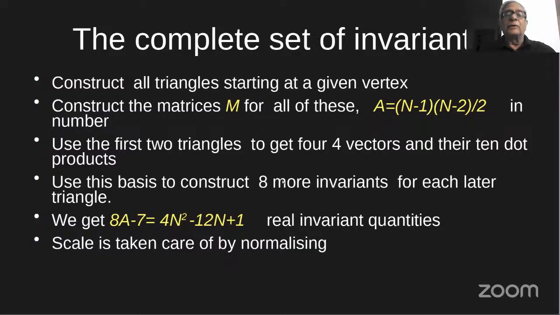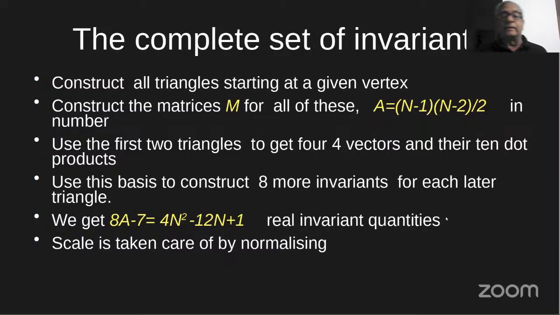After that, you don't need to construct dot products and so on, once you have the components in the basis. So to cut the long story short, you get 8n minus 7. It is actually 8n minus 6, but you knock off 1 for this overall scale. And 8n minus 7 happens to be this magic number. And this was exciting.